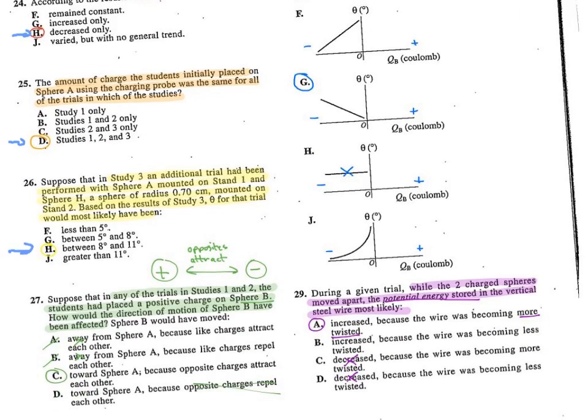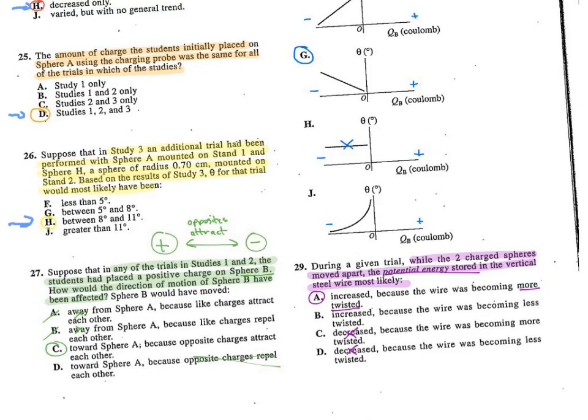For 27, suppose that in any of the trials in studies 1 and 2, the students had placed a positive charge on sphere B. Now remember, in both of those studies, they were placing two charges that were the same, both negative charges. So it's asking how would the direction of motion of sphere B have been affected.